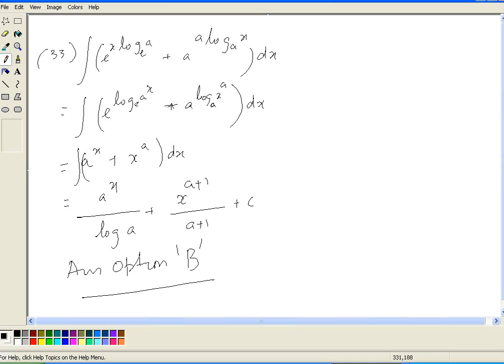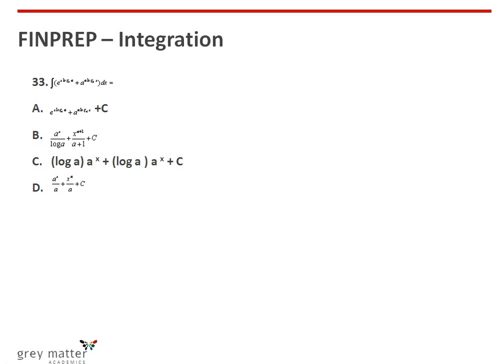Similarly, a power log x power a to the base a is nothing but x power a itself. So when we integrate, we get a power x by log a plus x power a plus 1 by a plus 1 plus constant c. So the option is B. Going to our PowerPoint presentation, it is B, which says a power x by log a plus x power a plus 1 by a plus 1 plus c.